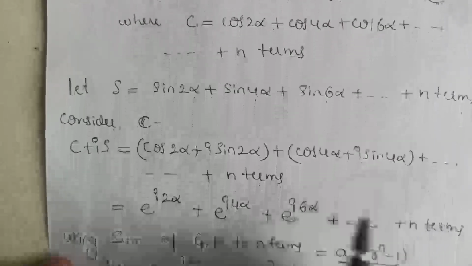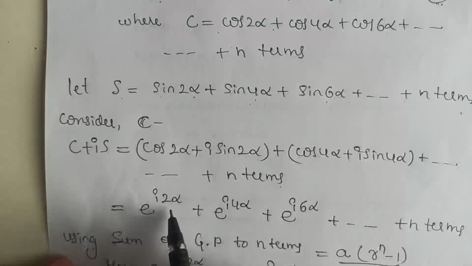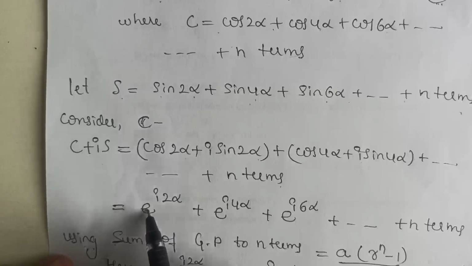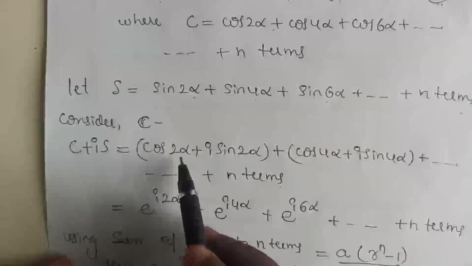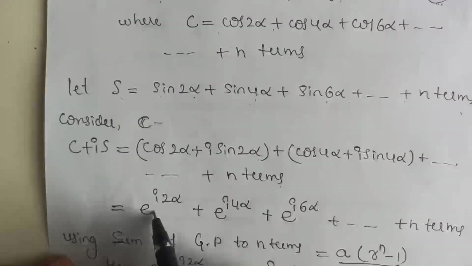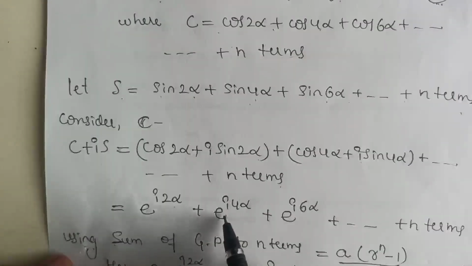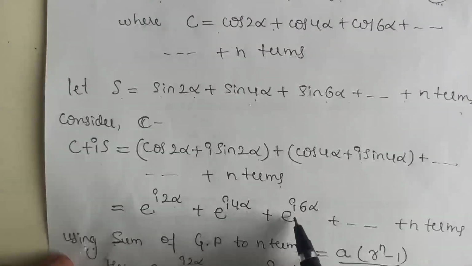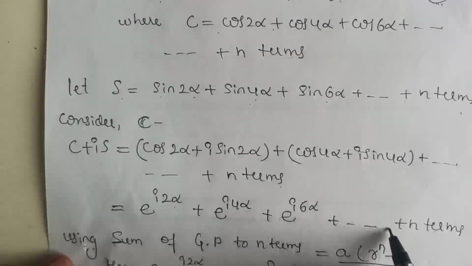Again on expressing in polar form, exponential form, we get e raised to i 2 alpha, because here the angle is 2 alpha, therefore we get e raised to i 2 alpha plus e raised to i 4 alpha plus e raised to i 6 alpha plus up to n terms.